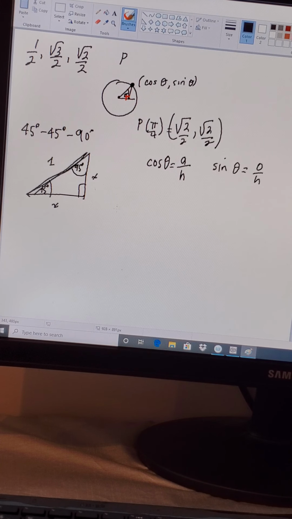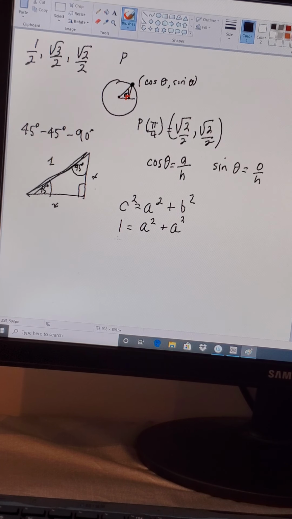Now, what are these values? Luckily, we can use the Pythagorean theorem. This is a right triangle. We already know the hypotenuse. We know these are equal sides, so really, we're only solving for one unknown, which is extremely helpful.